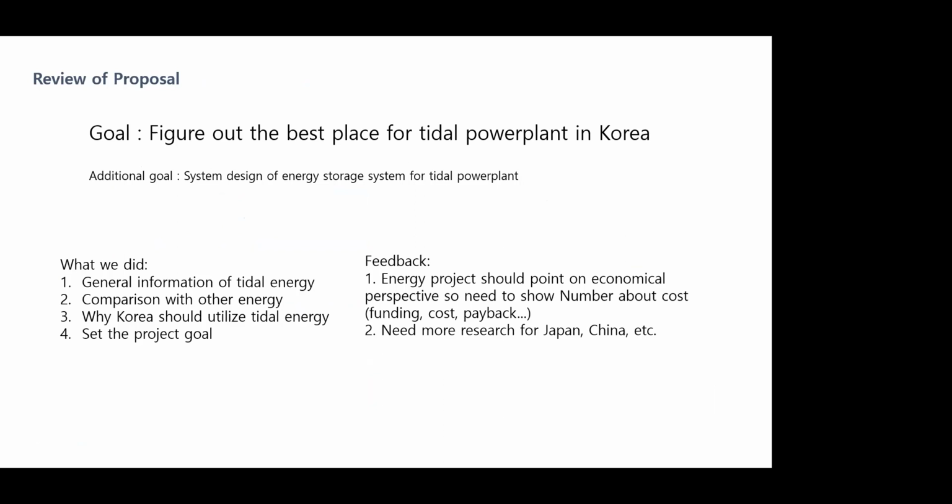For example, the cost must be the lowest, or the size of the electricity generation must be large. A specific objective function will help the audience to understand your project. So I think it would be better to clarify your main target in your next video. Oh, okay.